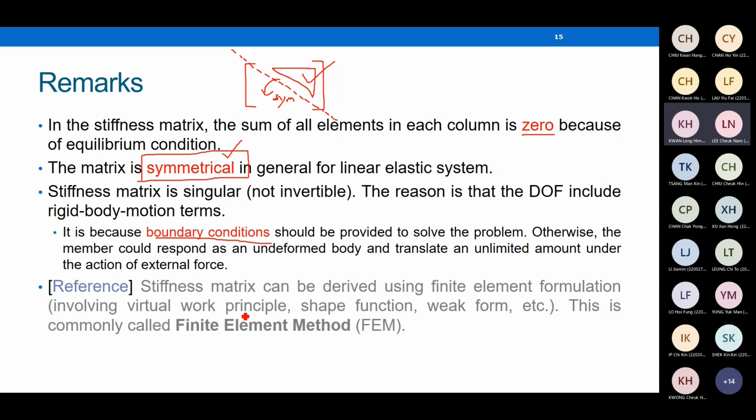The last statement just showed you one term, finite element method. Maybe you have seen this term before. Siebert's method is quite similar to the finite element method. We discretize members into different finite elements and then put them together. We derived our equation, our matrix, using equilibrium and force-displacement relationships before.